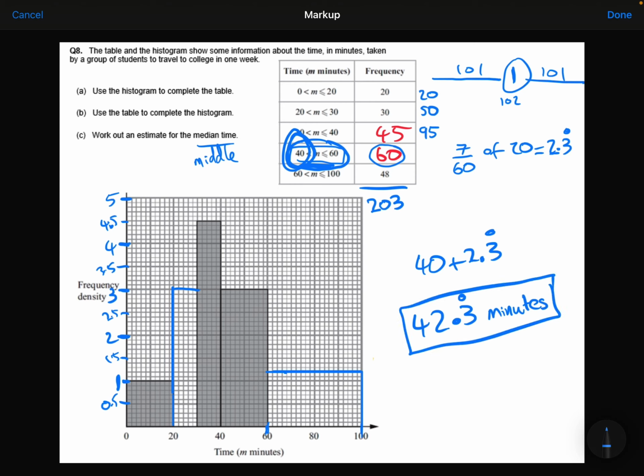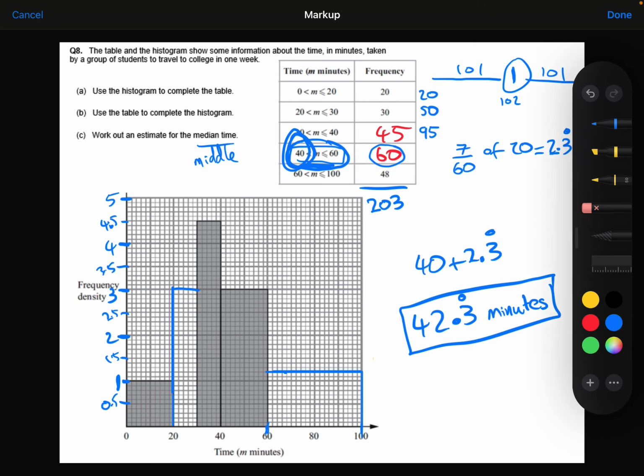Let me just repeat those steps, because these sorts of questions are tricky. The median is the middle number, so I added up all of the frequencies to get 203. I then thought about halving that to get the middle person.